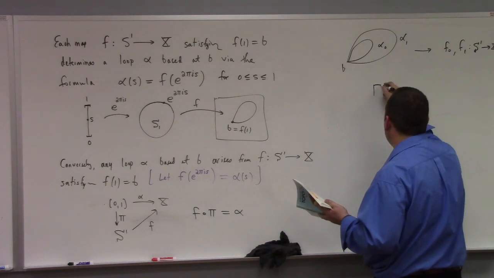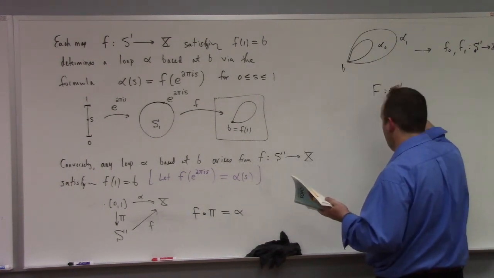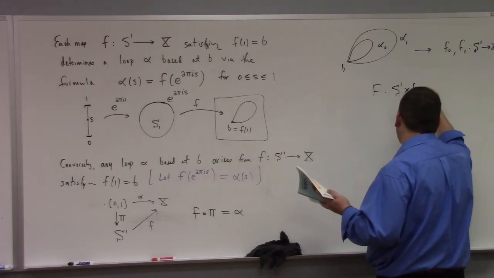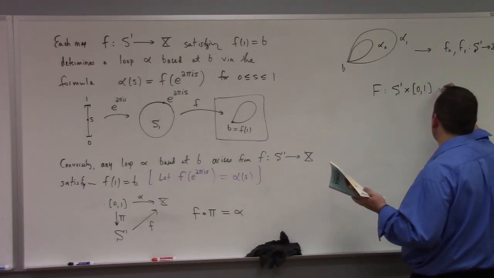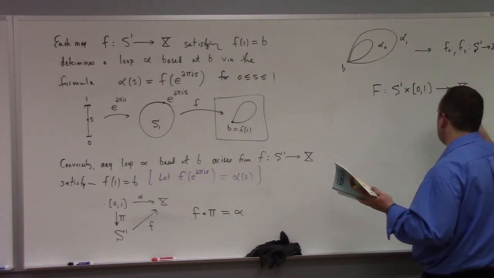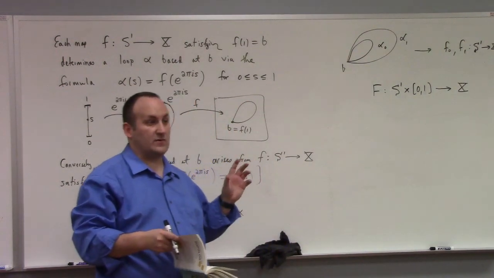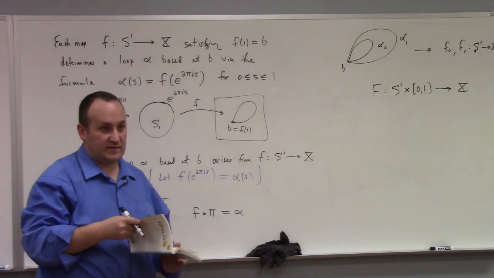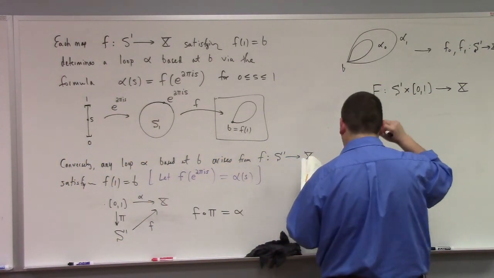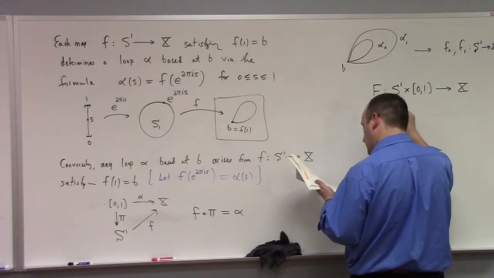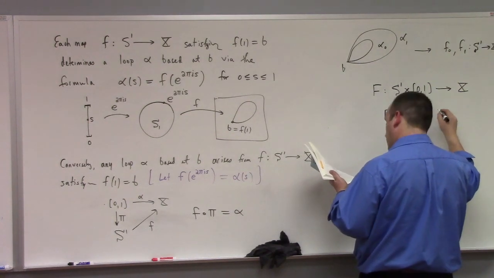The point is, if you read a different book, it will take this as the definition of homotopy. So it's important to talk about this a little bit, because sometimes this is used as the definition of homotopy. Rather than unit interval cross unit interval, they'll do circle cross unit interval and look at continuous maps from there to there such that f of z, 0 is f0 of z.